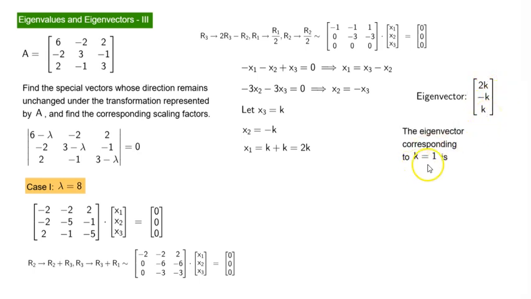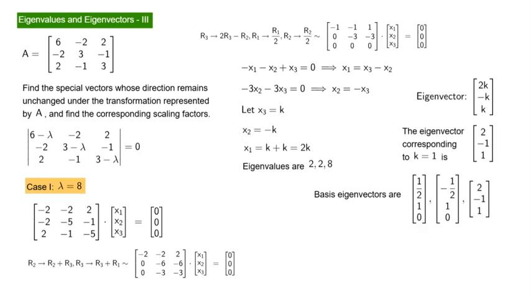The eigenvector corresponding to k equal to 1 will be 2, minus 1, 1. We have found the eigenvectors. Eigenvalues are 2, 2 and 8. So basis eigenvectors are half, 1, 0, minus half, 1, 0, and 2, minus 1, 1.